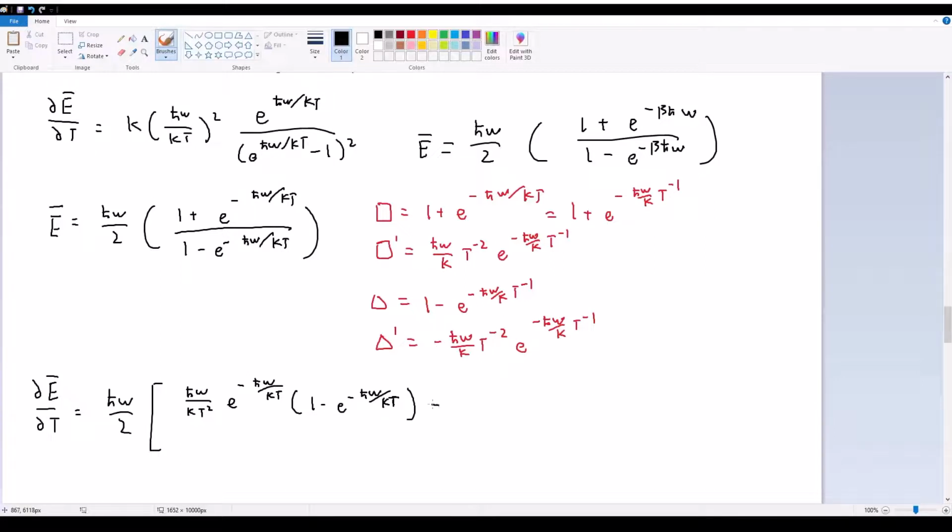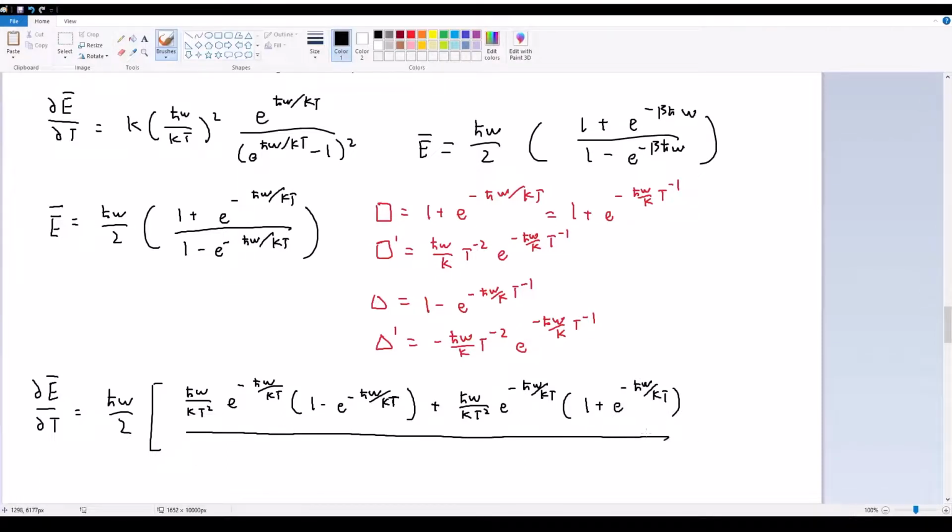This is going to be plus h bar omega over kT squared times e to the negative h bar omega over kT multiplied by 1 plus e to the negative h bar omega over kT, like that. And then we're dividing this by triangle squared. So 1 minus e to the negative h bar omega over kT, squared, like that.